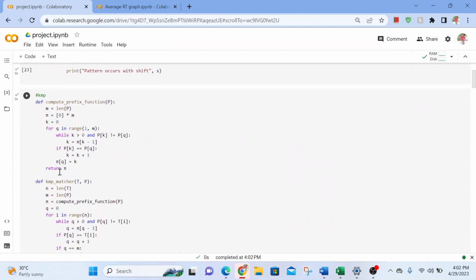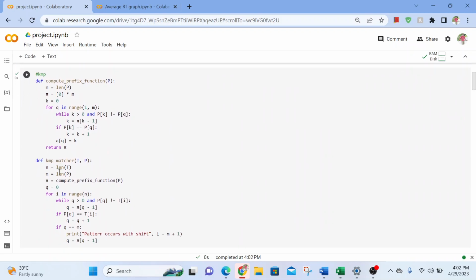Now I'm going to explain the KMP algorithm. The KMP algorithm contains a compute prefix function and a KMP matcher with parameters T and P that implement the algorithm for string matching.